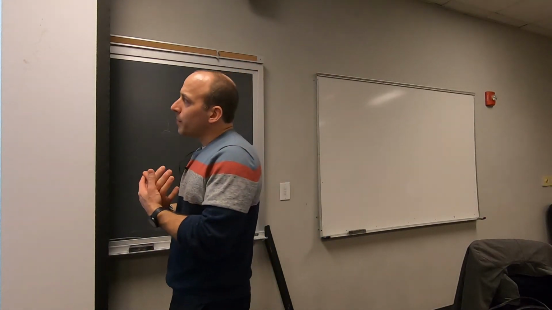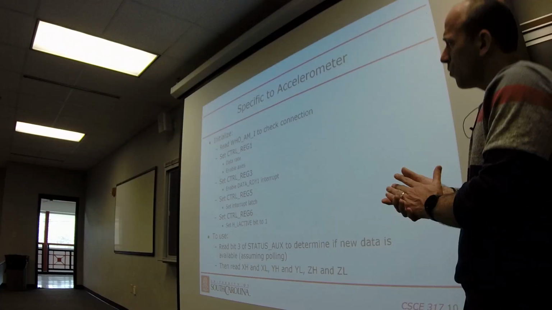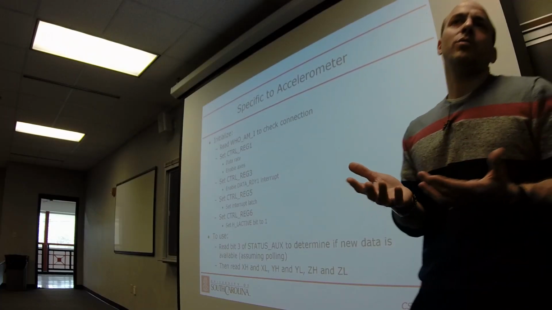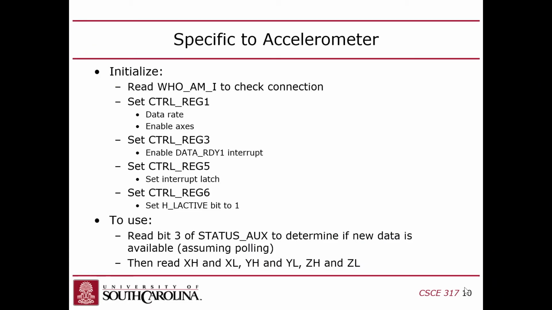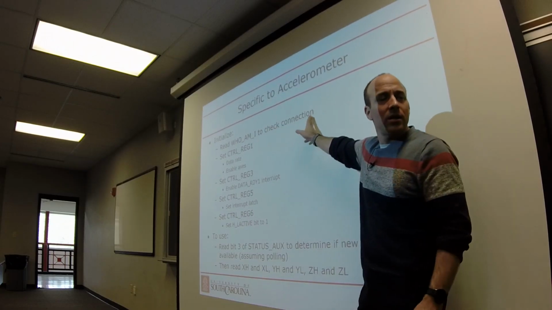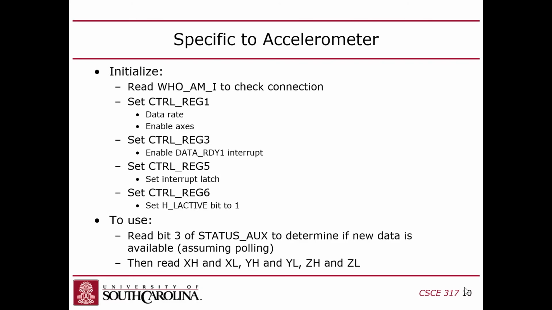So for the accelerometer, what are we doing? What are we using this SPI for? I think we gave you code that reads the who am I register. Did we give them that? I think we just told them to check the who am I once they have some kind of ability to read on the accelerometer.